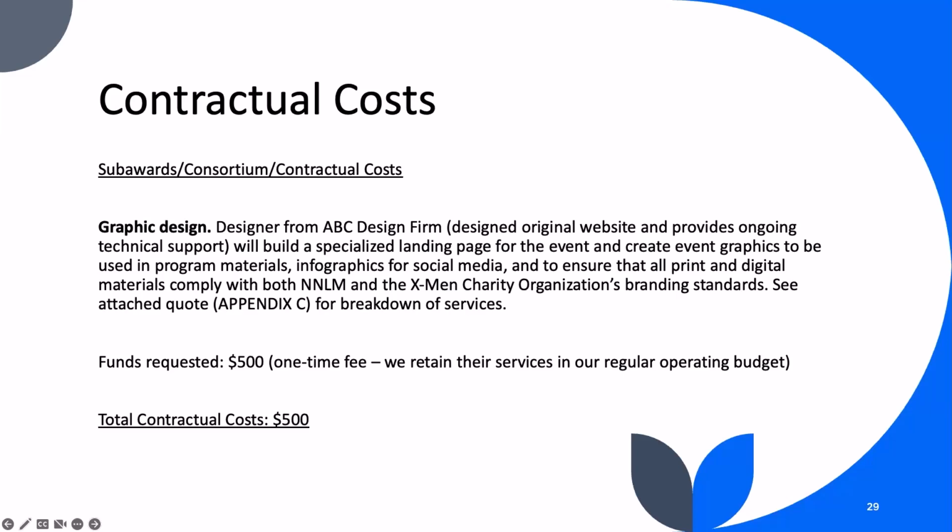You could ask your OSP, or if you don't have one, likely your budget or accounting office, how you might contract with someone to do a certain job for your project. You'll want to add that information into this section, flesh it out, describe what they're doing, and describe how what they're doing is beneficial to the project. All right.